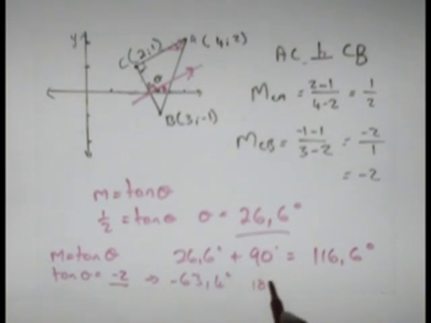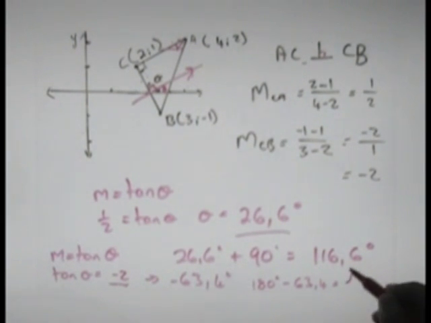Wouldn't that be the same as 180 degrees minus 63.4 degrees? Let us look at what answer that gives us. That gives us an answer of 116.6 degrees. It doesn't matter which way you look at it.